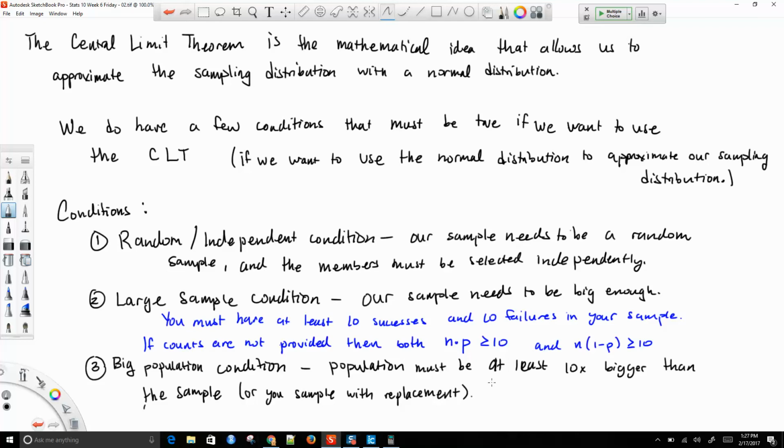And so what you have in your sample affects what remains in the rest of the population. That's a problem, and that's why your population needs to be big. What we're basically saying is that when you draw less than 10%, what happens in your sample is going to have a minimal impact on the population, and therefore we can kind of ignore it.